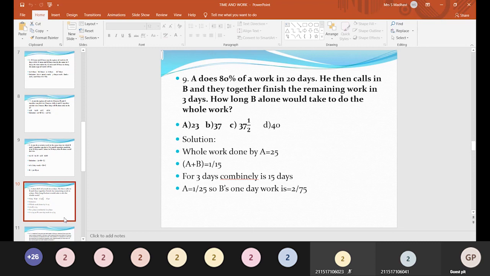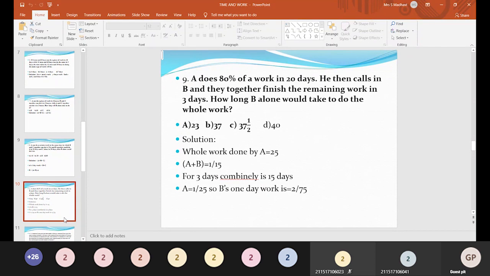So the remaining 1 by 5 of the work is done by A and B together, so for the whole work, the number of days is 5 into 3, which means 15 days. So for 3 days combined it is 15 days.